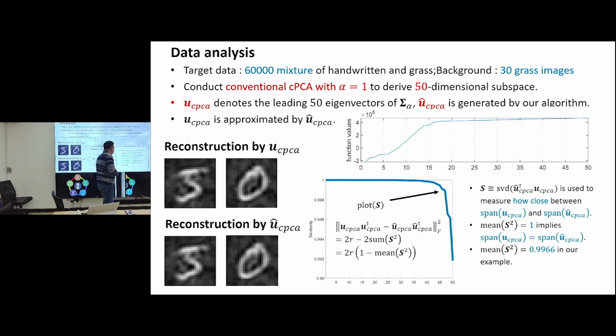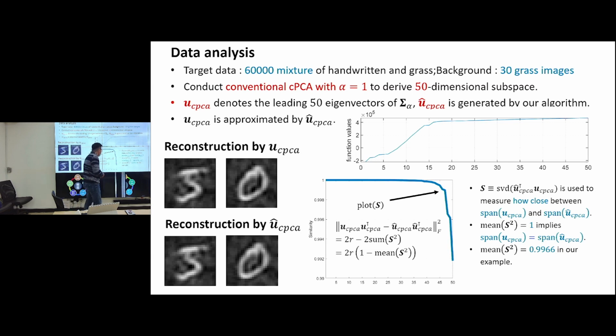This is used to measure how close the two spans are. The difference of the Frobenius norms of the projection matrices is equal to 2R times 1 minus the mean of S squared.